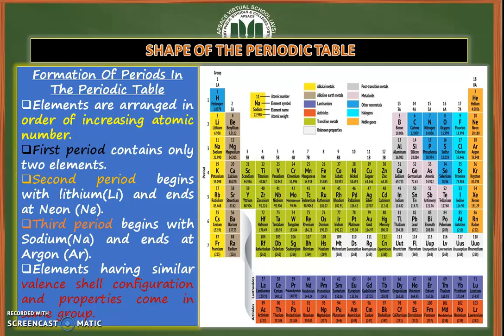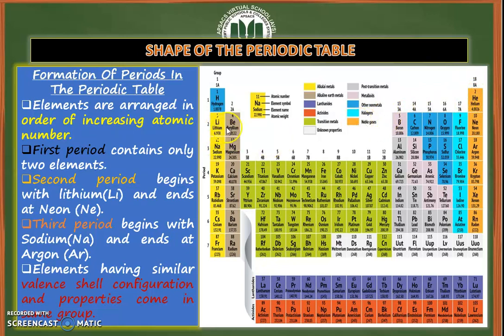First period contains only two elements, that is hydrogen and helium. Both these elements have valence electron in K shell. K shell cannot have more than 2 electrons. As K shell is completed at helium, the first period ends at helium.